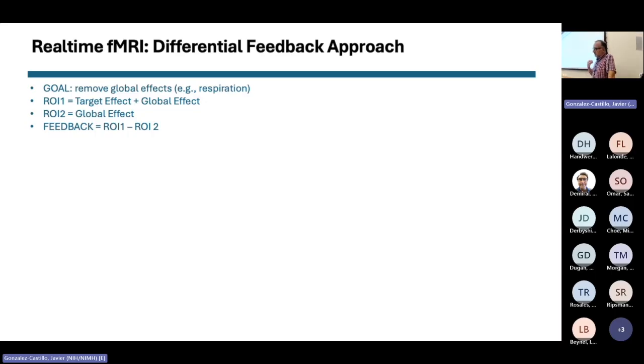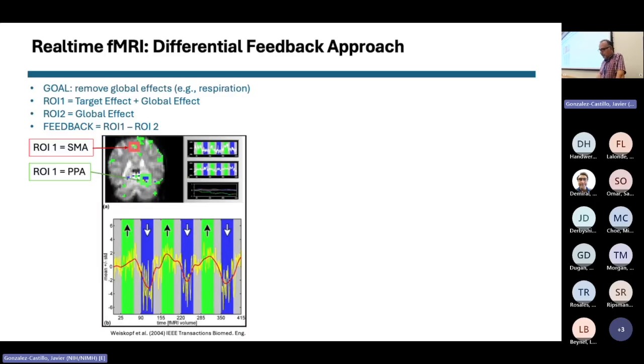One contains your target effect plus that global effect because it's everywhere. And then you pick a second ROI that hopefully is somewhere where there is no task effect and there is only that global effect. Now, this is never going to be perfect, but to some extent it's been proven that it works. Not only does it seem to lead to a slightly cleaner signal, but people are able to volitionally control this differential signal.